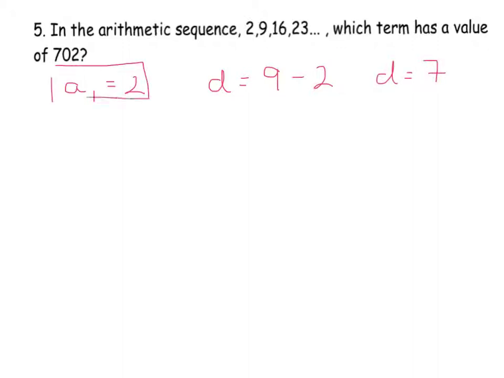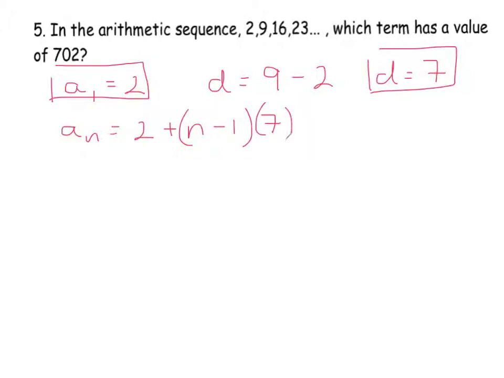So now I can write the general rule and say an equals 2 plus n minus 1 times 7. If I simplify, an equals 2 plus 7n minus 7. So the general rule is an equals 7n minus 5.